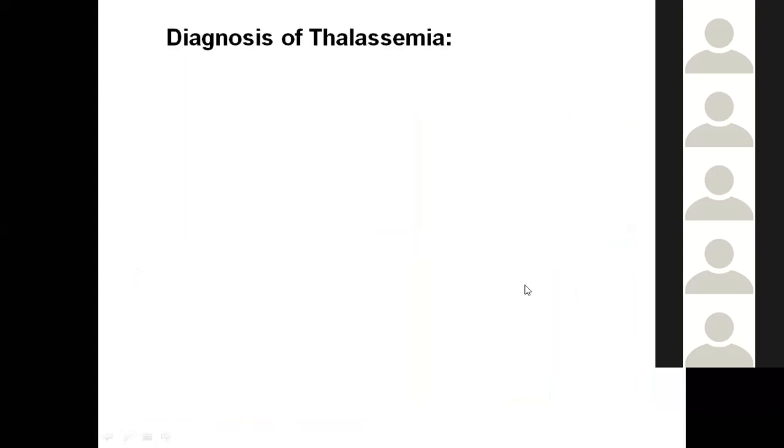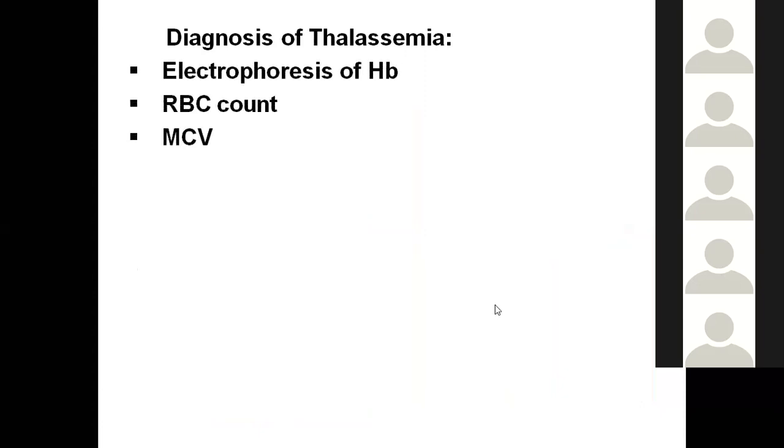Okay, all right. Now, these were the signs and symptoms, but how do we diagnose thalassemia? Diagnosis of thalassemia is on the basis of electrophoresis of hemoglobin. When the hemoglobin is put in an electric field, the migration of the hemoglobin, like A2, hemoglobin alpha, hemoglobin having deficiency of alpha and beta chains, will tell us.